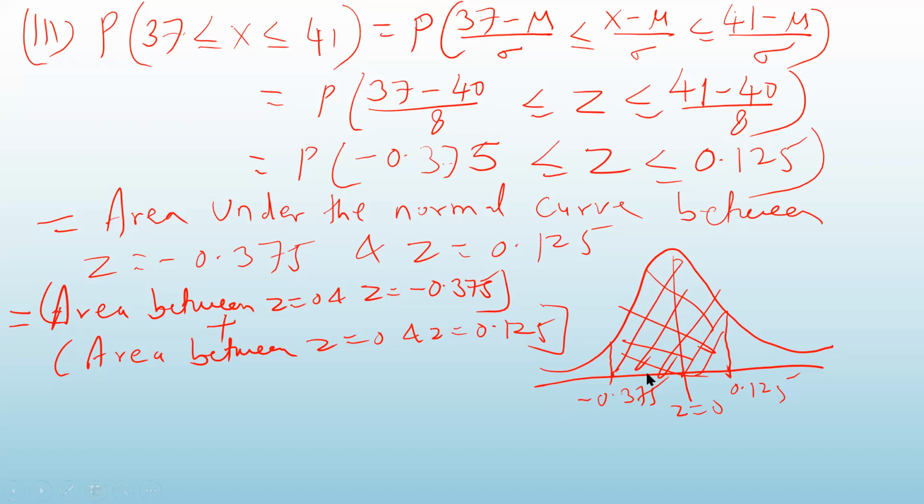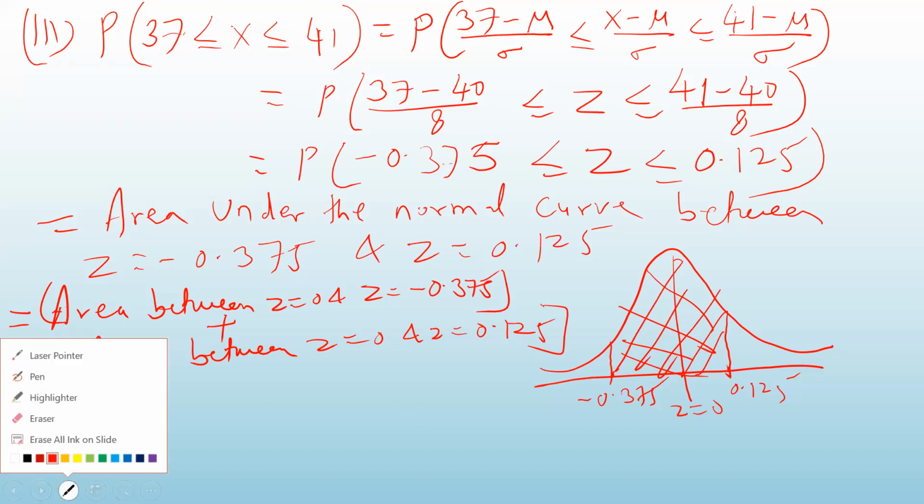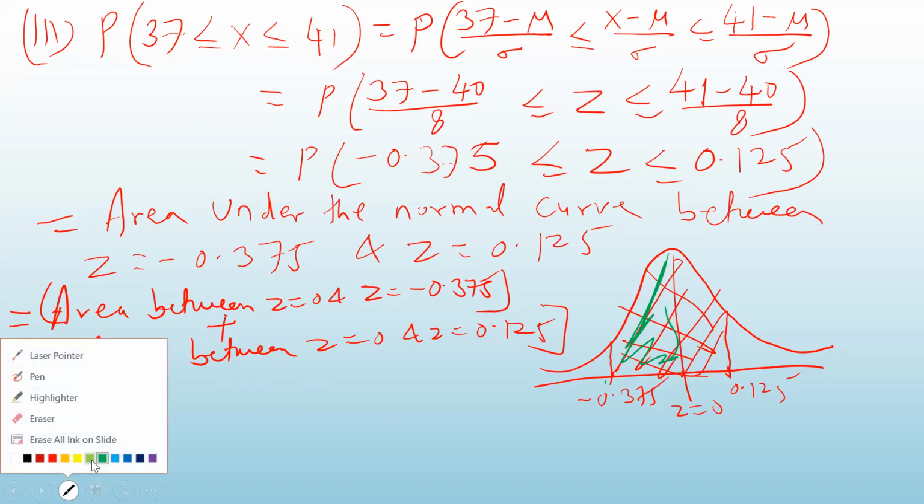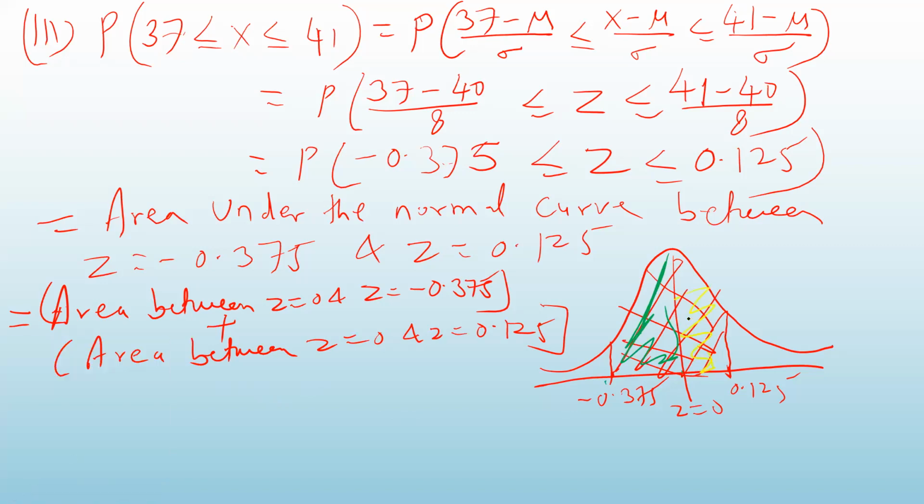See, if I want this entire area from here to here, I can break it up into two parts. Area between z equal to 0 and minus 0.375, that means this portion, plus area between 0 and 0.125, this one.